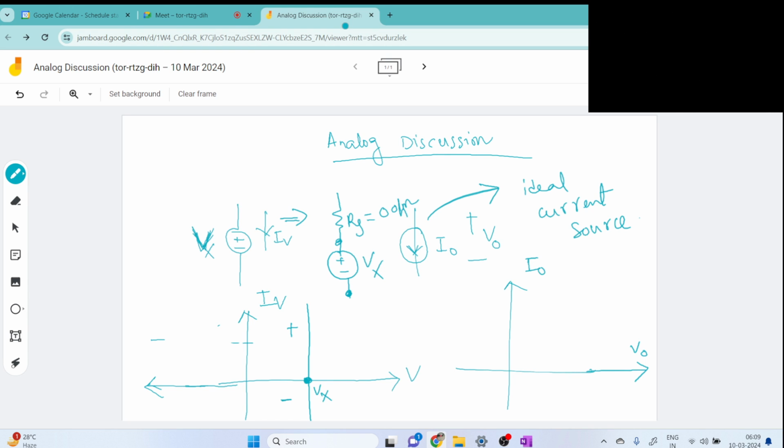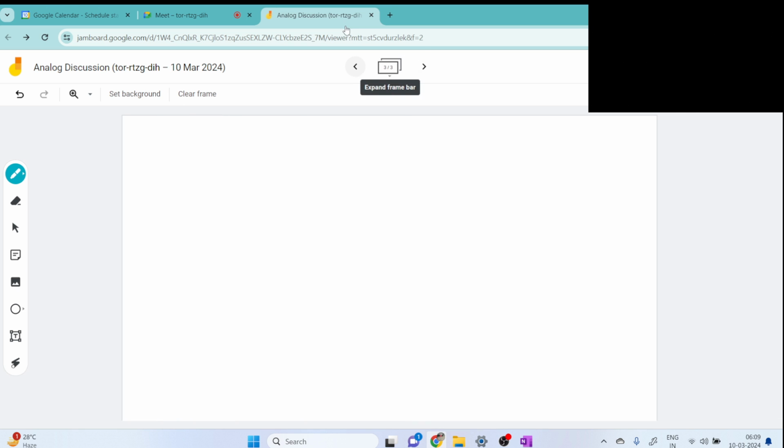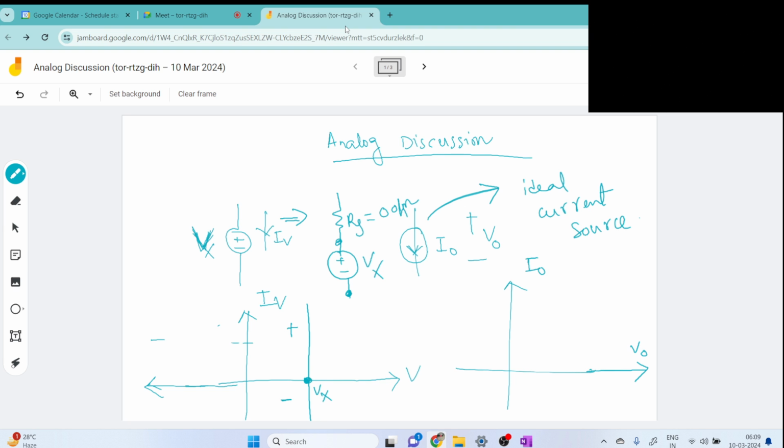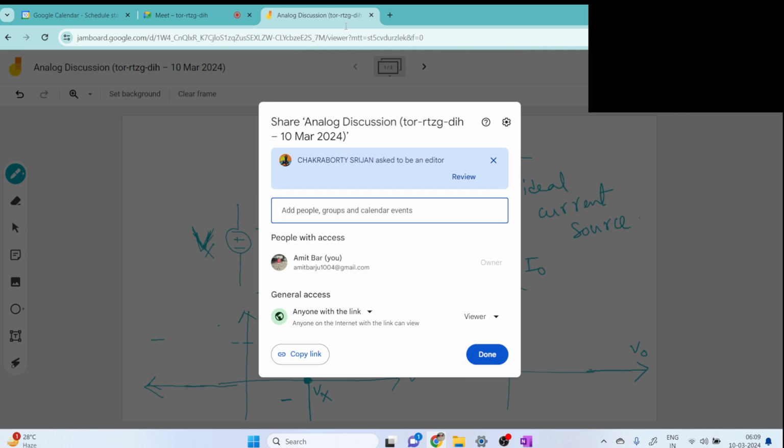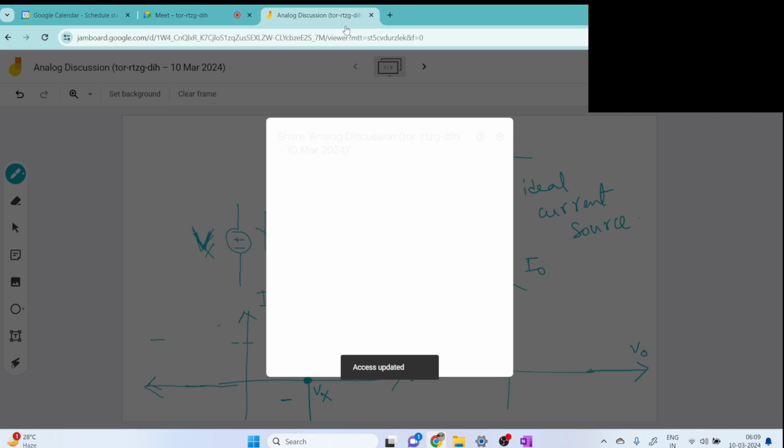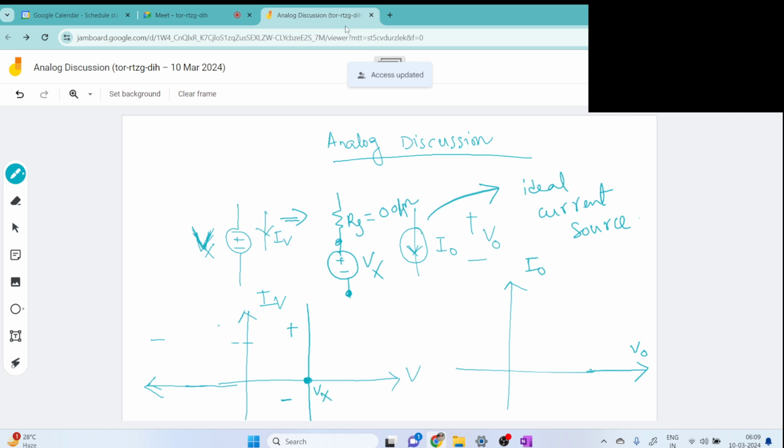You can use the next page as well, Srijan. We can make pages. But for me, it is view only. I have to be given edit access, I think. Okay, so you can do it now. This whiteboard is slow. Where can I get the pen?